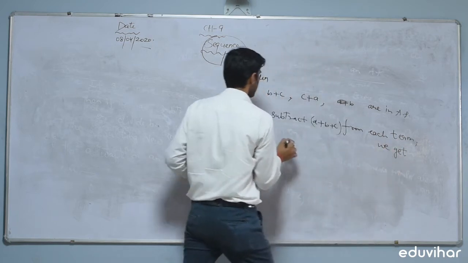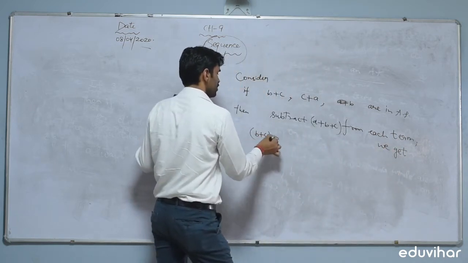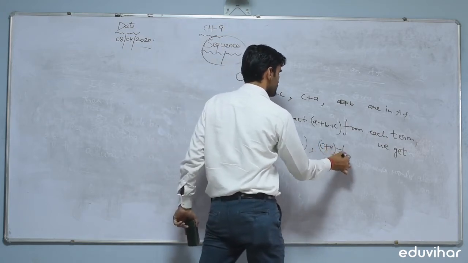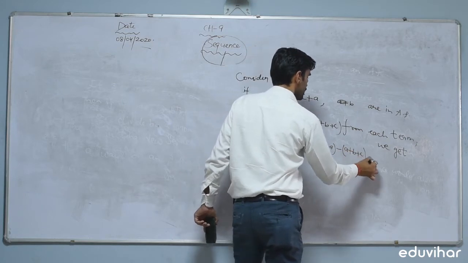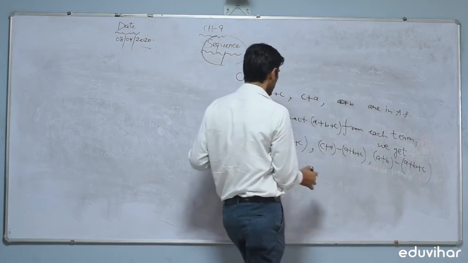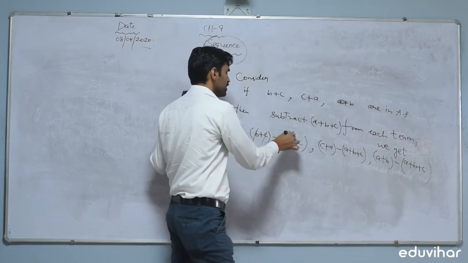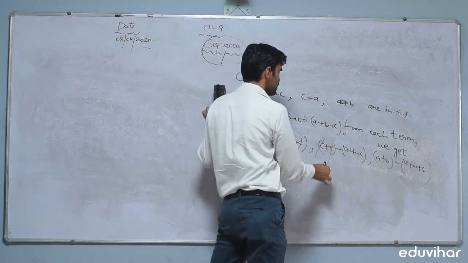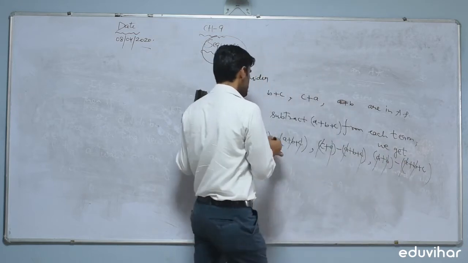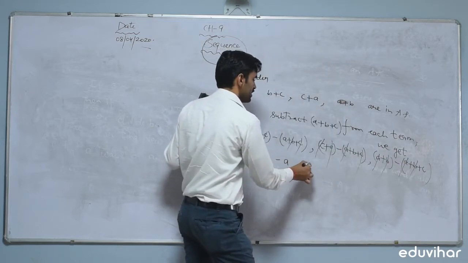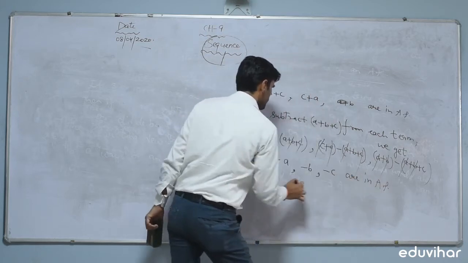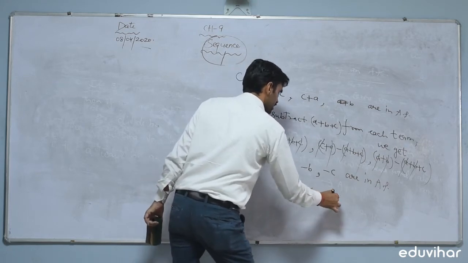We get b plus c minus (a plus b plus c), c plus a minus (a plus b plus c), a plus b minus (a plus b plus c). We would get the result as b plus c cancelled out with b plus c, c plus a cancelled out with c plus a, a plus b cancelled out with a plus b. The result comes out to be minus a, minus b, minus c are in AP, or you can say a, b, c are in AP.